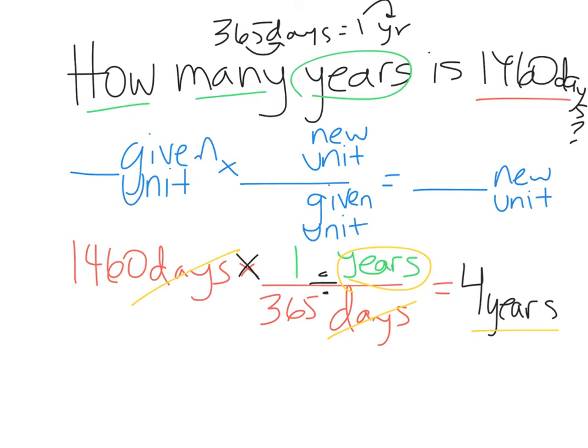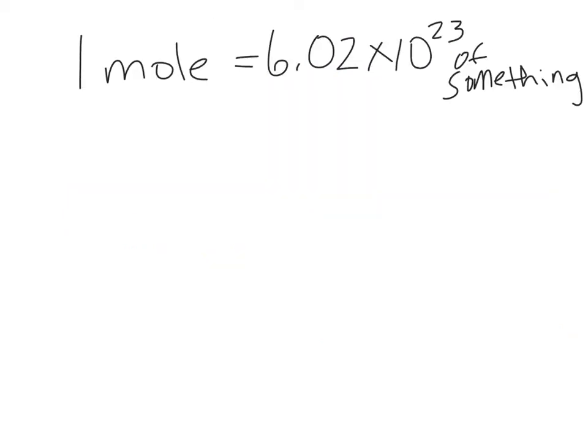All right, now let's take a look at similar types of problems, but with a newer concept for you guys. In chemistry, we call them moles. Okay, so a mole is a new counting unit. That's all it is.